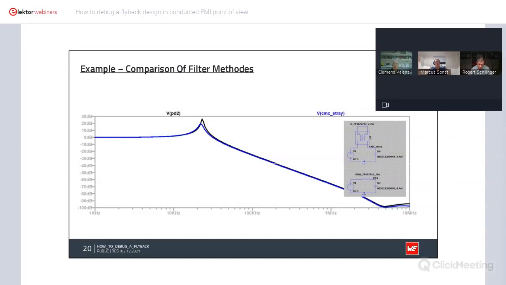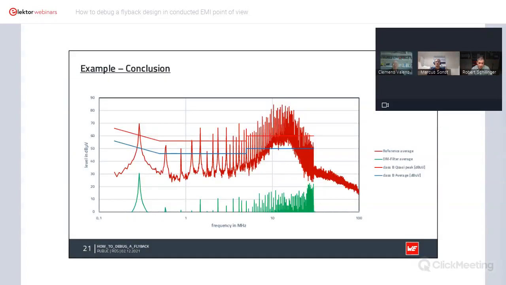And you see, if I use the common mode choke in a differential mode way, and combine it with also a 4.7 microfarad capacitor, then I get nearly the same result. And for this, I can use the stray inductance of the common mode choke in this case.